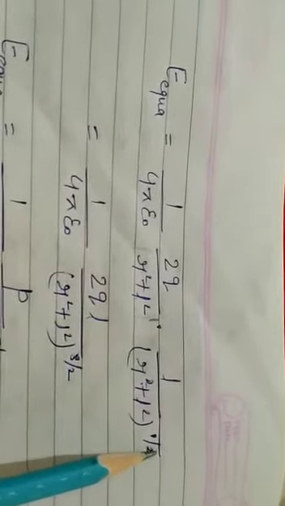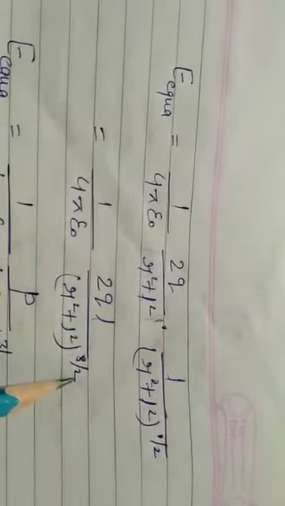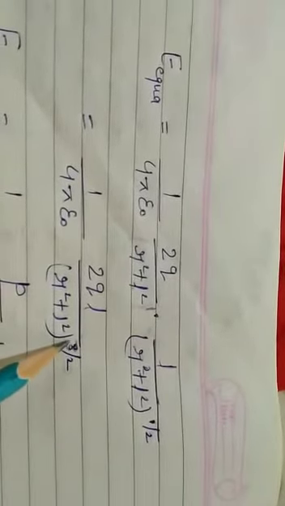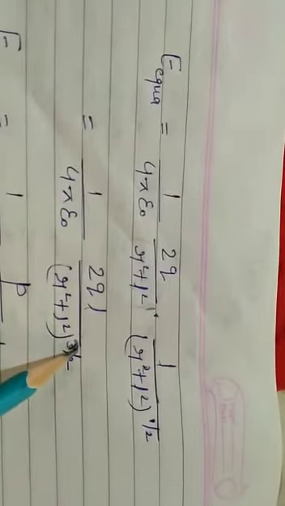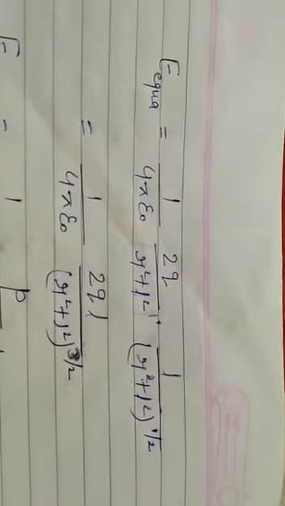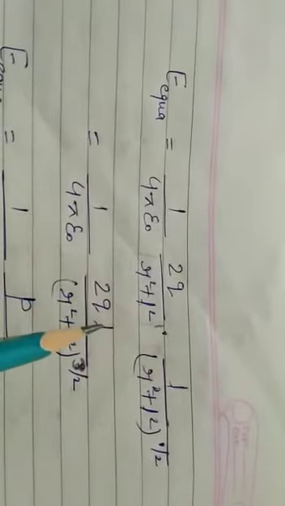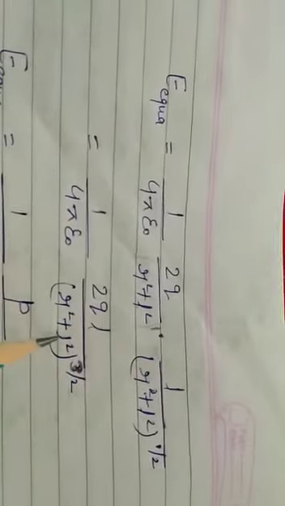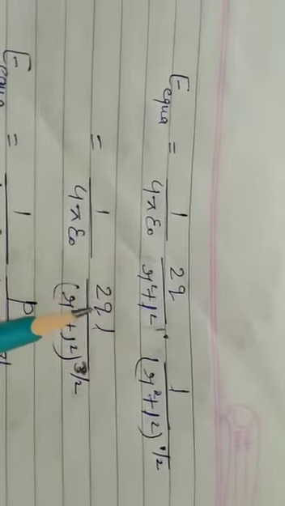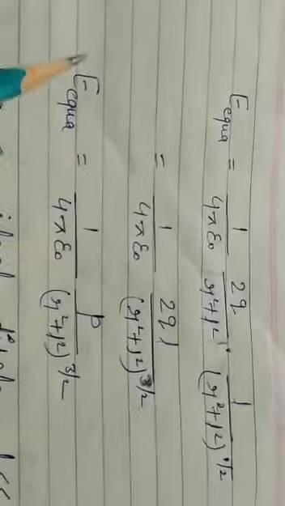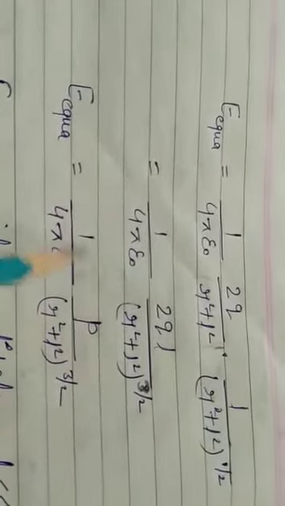When we add them, it becomes 3 upon 2. Okay, it is 3, it's smudged and looking like 8. It is 3. Or we can write it as 1 upon 4 pi epsilon naught 2ql upon r square plus l square to the power 3 upon 2. 2ql is P, dipole moment. So this is how we get the formula of electric field.